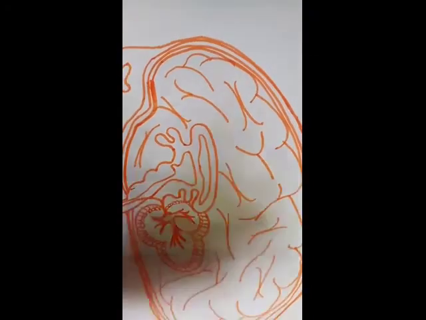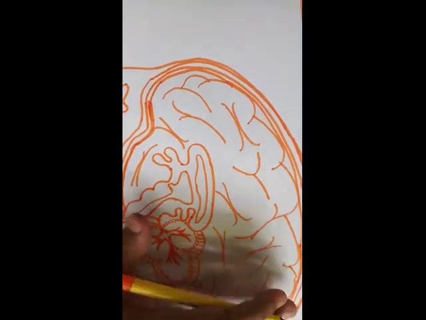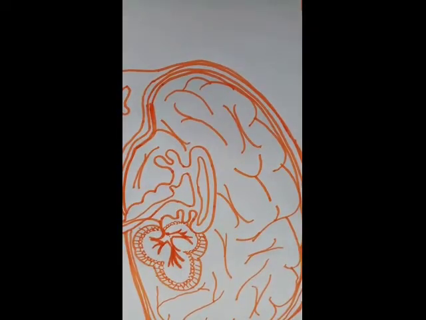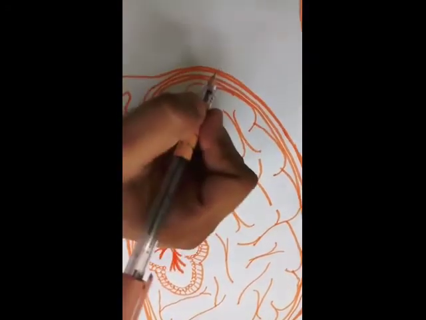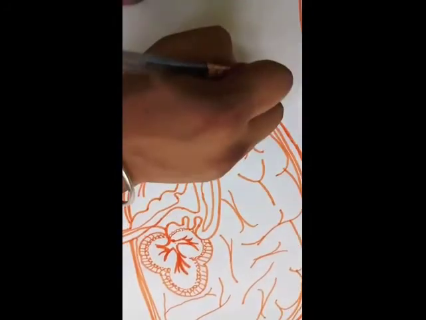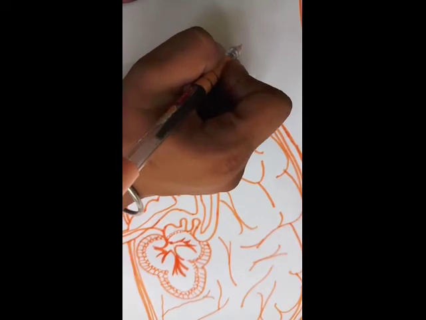Now the very next step which we are going to do is the labeling. So let us start labeling it. Please just wait. So first of all, this one is your cerebrum.